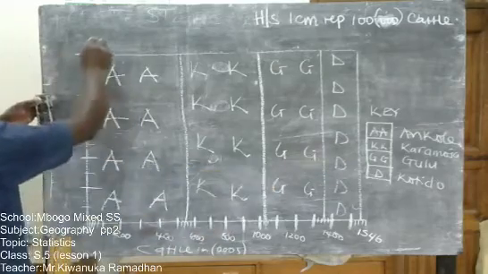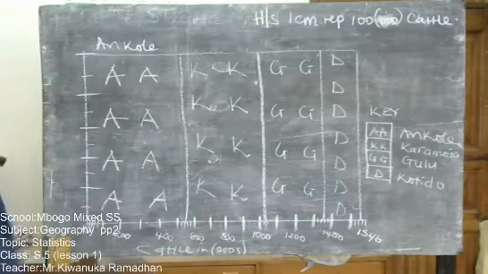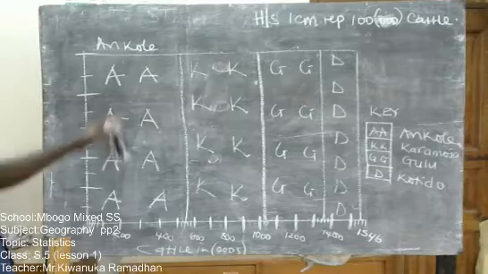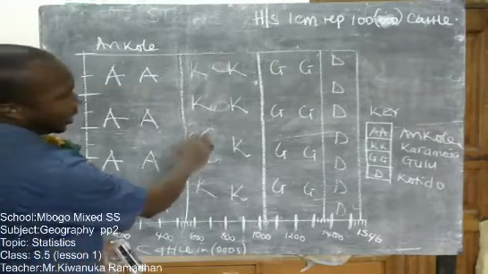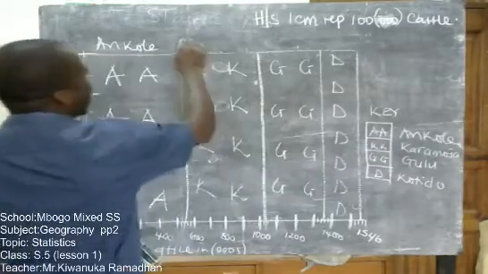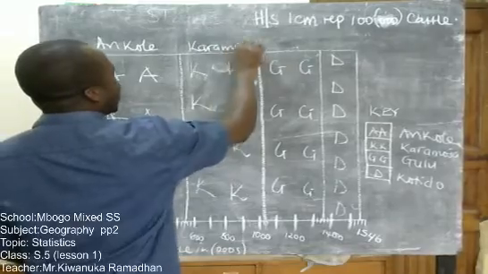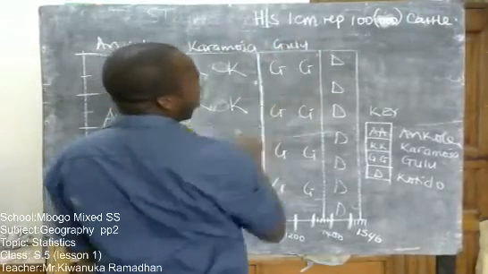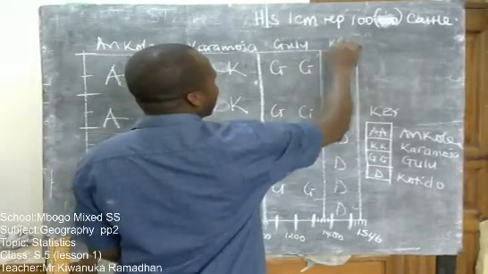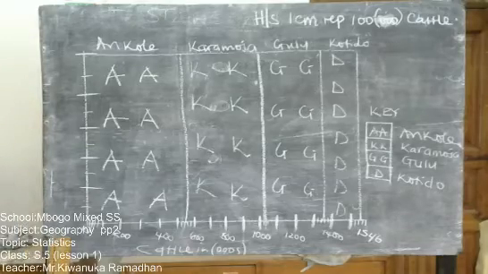One may say, what if I do both, I shade, I provide the key, and I still put Ankole? No problem, but you are repeating yourself. What if I still write Kalamoja? No problem. This is Kotido. No problem.